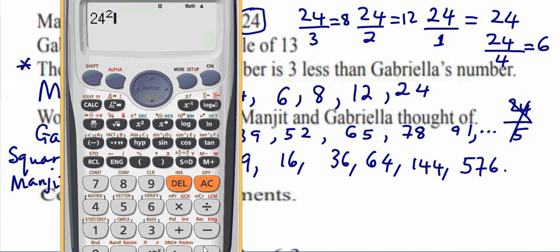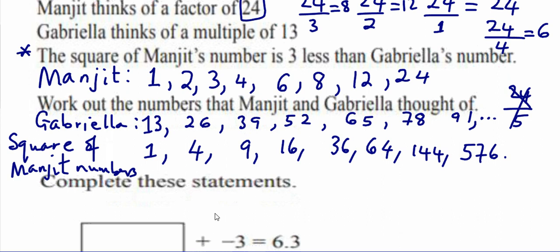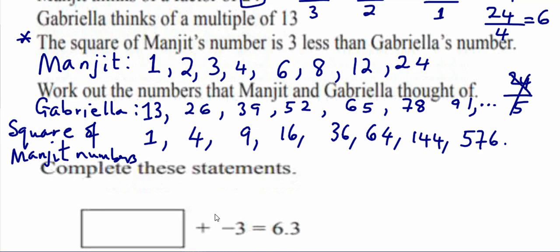Right, 24 squared equals 576. So we are good to go. Now, the question says the square of Manjiti's number is 3 less than Gabriela's number. Let us try to compare the square of Manjiti's number. We have 13 and 1. Is 1 3 less than 13?